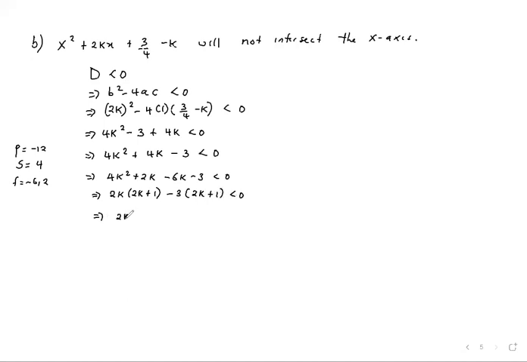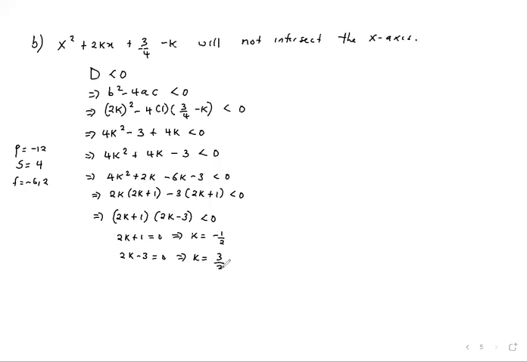So 2k plus 1 is equal to 0, giving us k is negative 1 over 2. 2k minus 3 is equal to 0, giving us k is equal to 3 over 2.